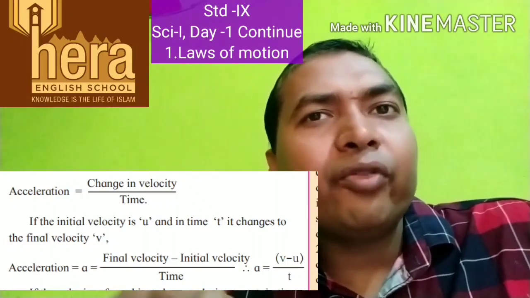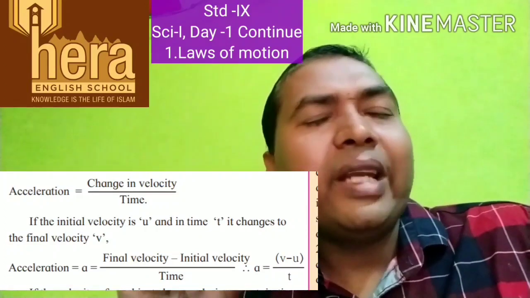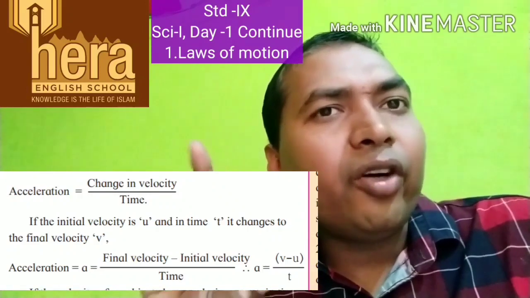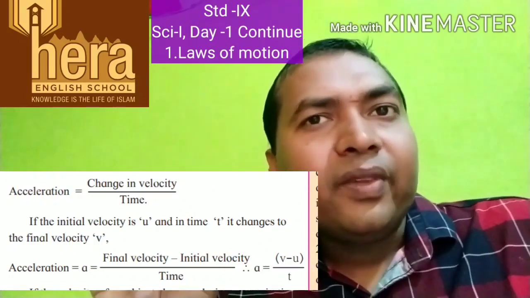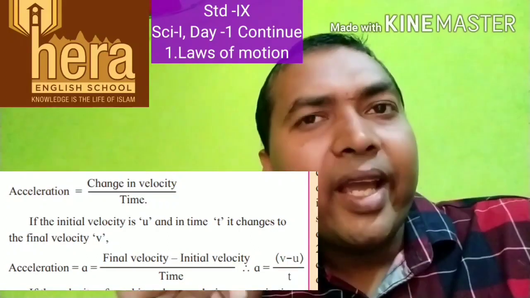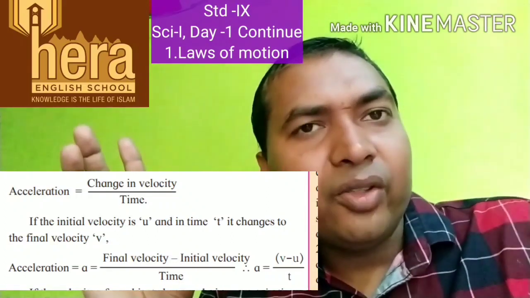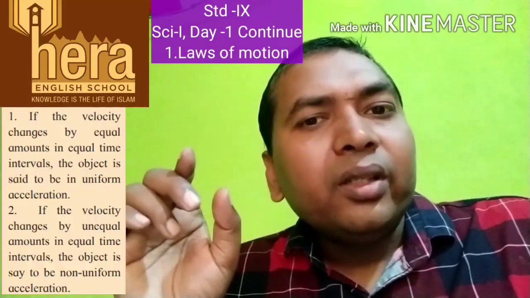Per unit time means what? You have to divide change in velocity by time, then it gives acceleration. The SI unit of acceleration is meter per second squared. It is a vector quantity. It means it has magnitude as well as direction. Understood?